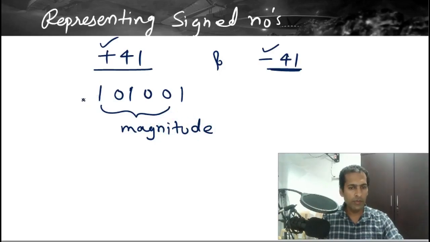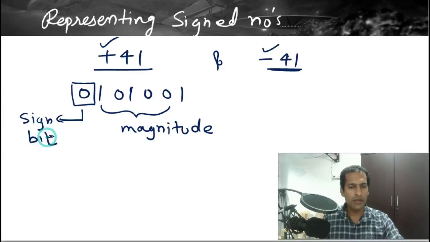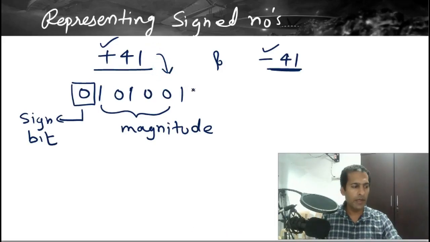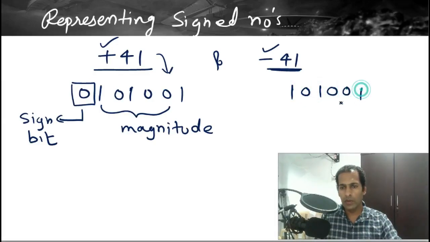Now if it is plus, then here we will write plus 0. So this one will be called the sign bit, and this is our magnitude. So this number will be considered as plus 41. Now minus 41, how to write? The magnitude will be the same, 1 0 1 0 0 1.